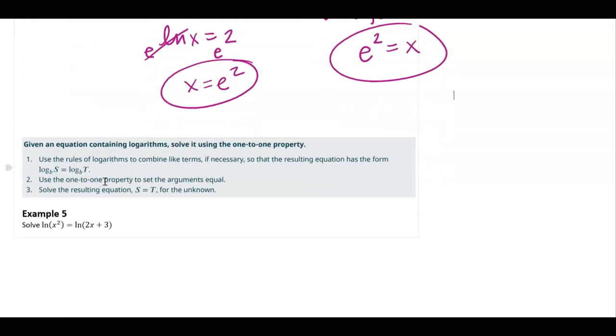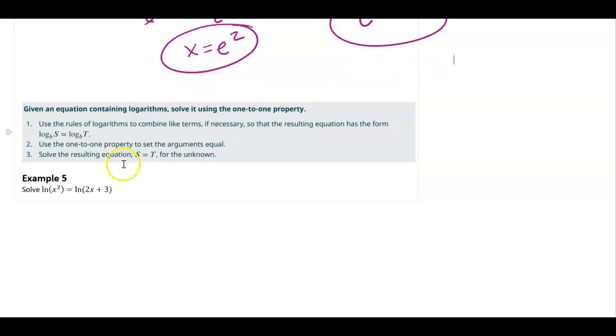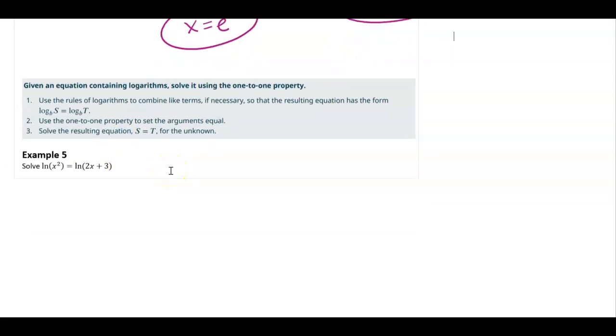All right, if we end up having some logs that have multiple terms, then we can do a couple different things with their properties. So if we have logs on both sides, we could take e to both sides to get rid of those logs. I'm going to have that x squared needs to be equal to 2x minus 3.